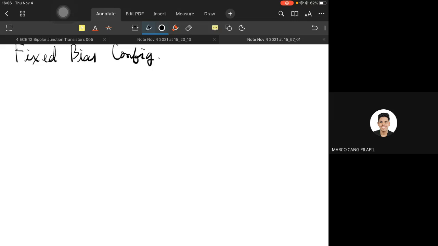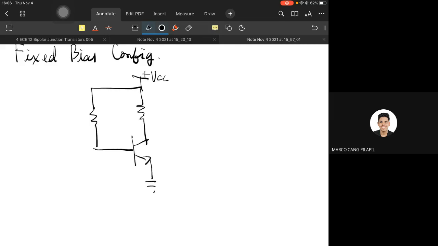Later on. So, the fixed bias looks like this. Supposedly, there are capacitors at the input and the output.